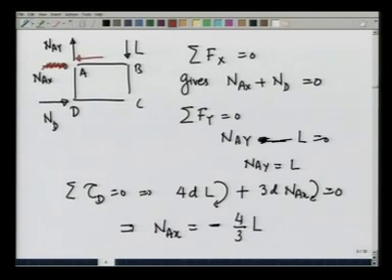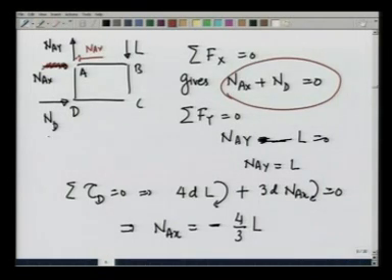So, this is N A x. And from the equation N A x plus N D equals 0, N D also comes out to be in the right direction, 4/3 L.